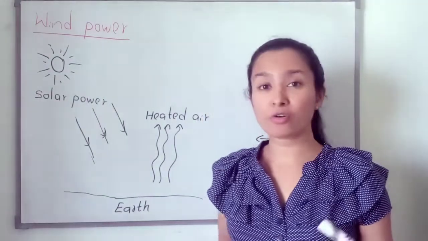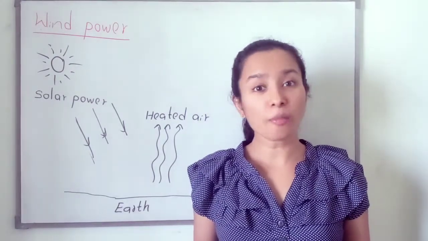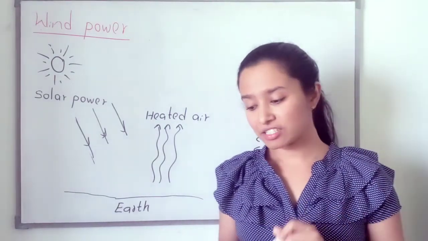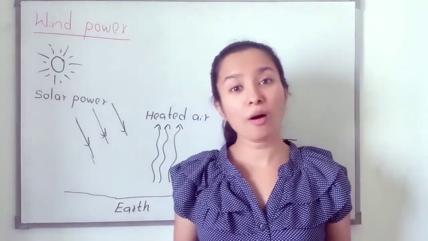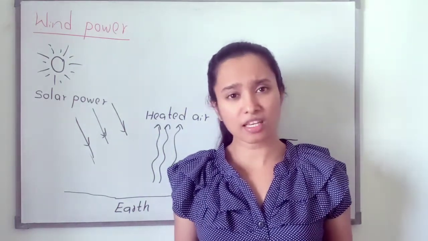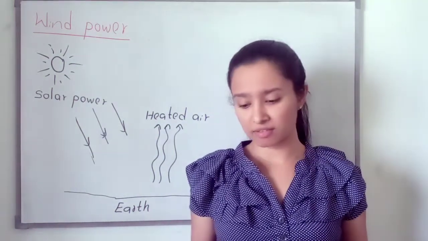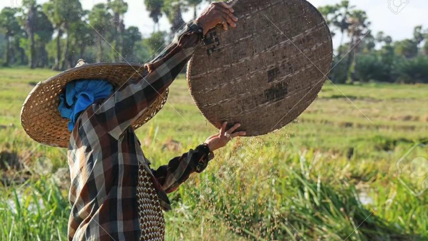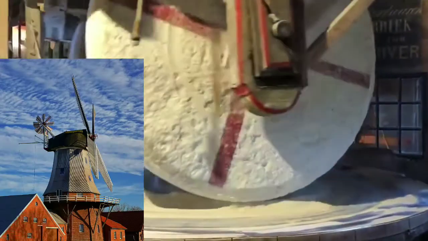So the power of wind we are using for so many activities. The ancient man used wind for many purposes. What did they use this wind power for? For cleaning paddy, they used wind power. And grinding grains using windmills. Do you know windmill?